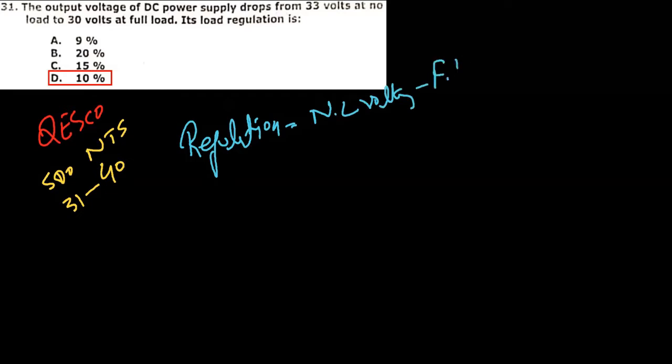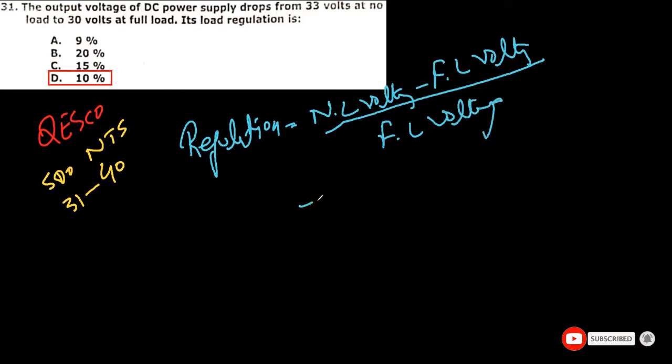Okay, so the first MCQ is: the output voltage of a DC power supply dropped from 33 volt at no load to 30 volt at full load. Its load regulation is? So actually we know that the load regulation formula is no load voltage minus full load voltage divided by full load voltage.